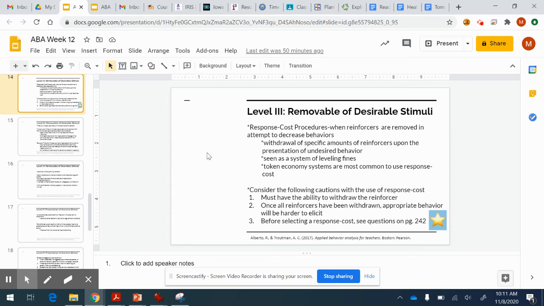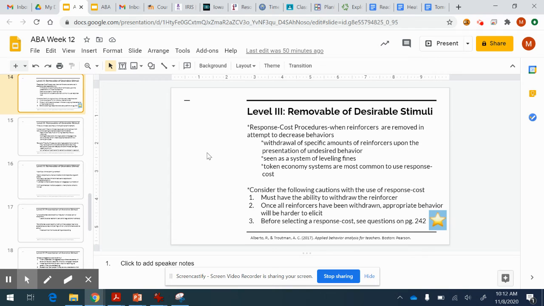For example, if a student starts out with maybe 10 tokens at the beginning of the day, and every time they act inappropriately, you remove one of those tokens, if by the first hour they've lost all of their tokens, they kind of lose their motivation for the day, and that's when we can start to see some of those more inappropriate behaviors come out because they no longer have anything to work for.